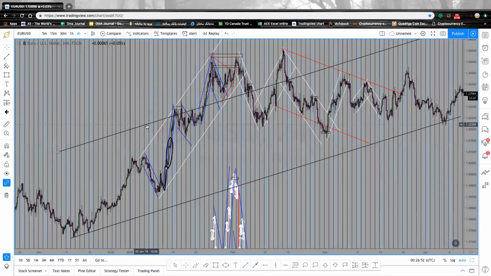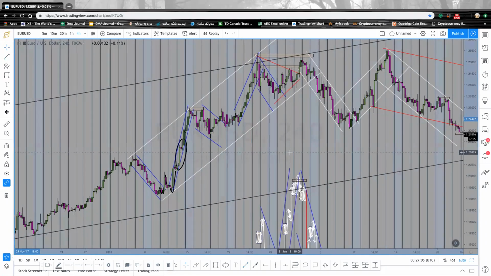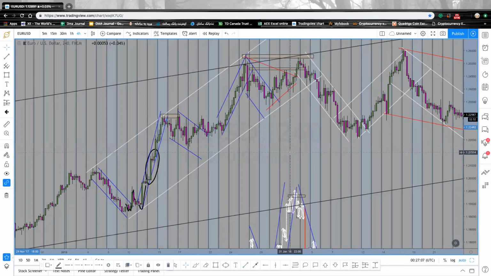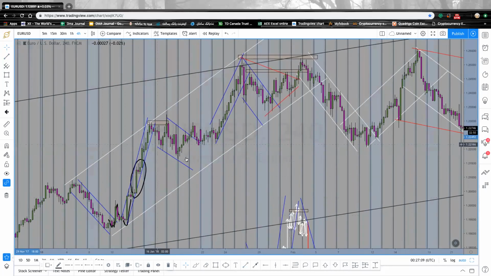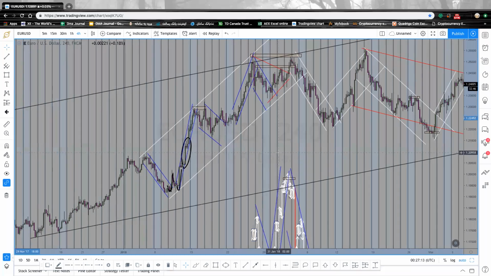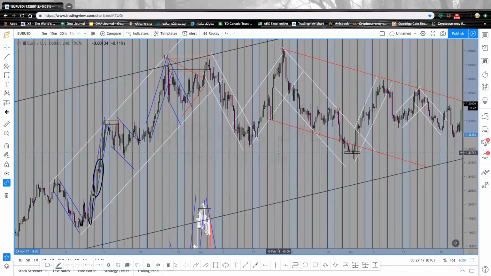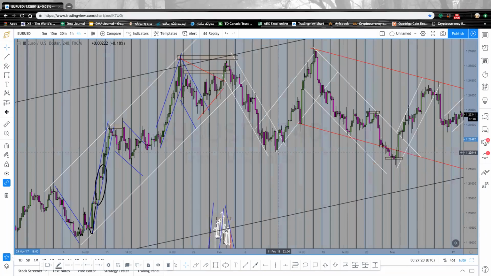No, I'm just showing you the opposite of top to down. Now I'm going down to top. We start from 30 minutes. Now we are in 4-hour, and you can see how a macro 4-hour trend is being formed with exactly the same patterns. That's the beautiful fractal nature of the market.